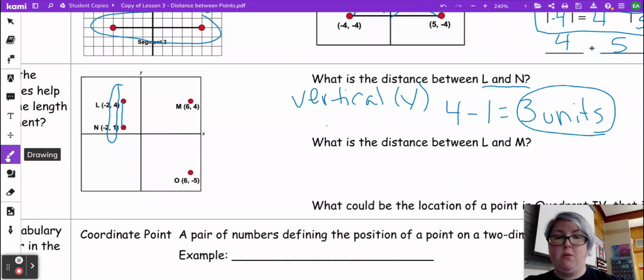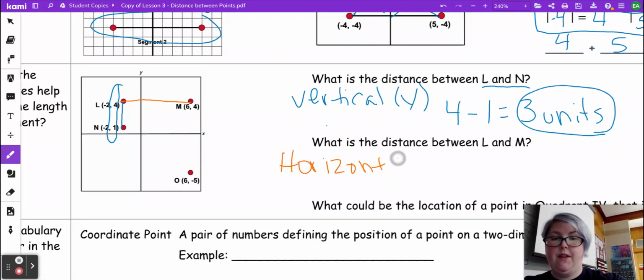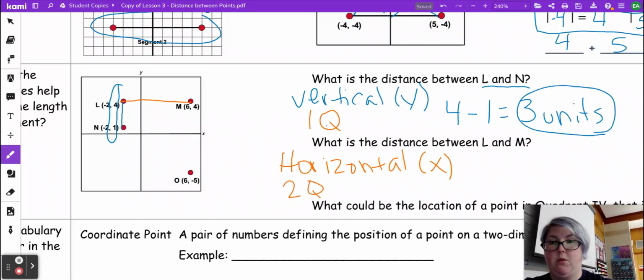Now, what is the distance between L and M? So we're going to draw our line. We're going to be horizontal, which means we are looking at our x coordinates. Now, we are in 2 quadrants, whereas remember our first, we were only in 1 quadrant. So now we're looking at our x.